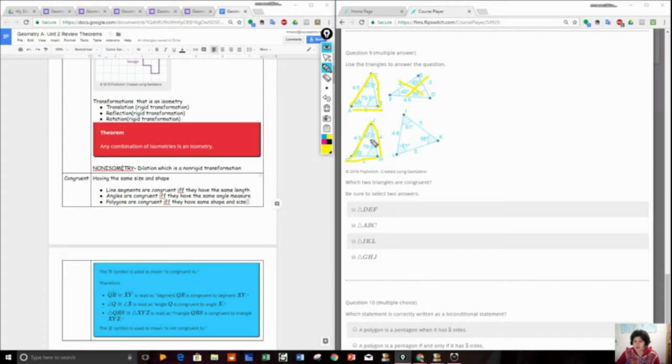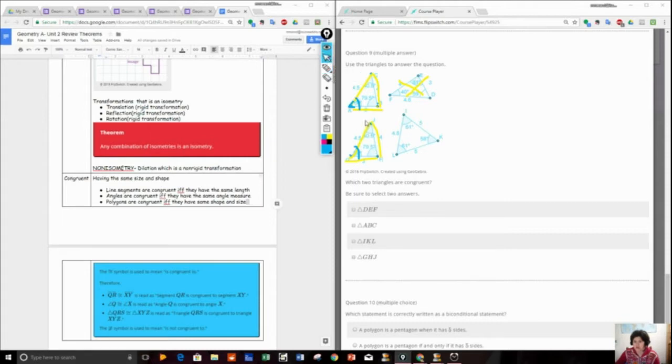Now we need to make sure that our angles match. Angle A is 60 degrees. That means angle G needs to be 60 degrees, which it is. Angle C is 40.5 degrees. It corresponds to angle J, which is 40.5 degrees. Angle B is 79.5 degrees and angle H is 79.5 degrees.